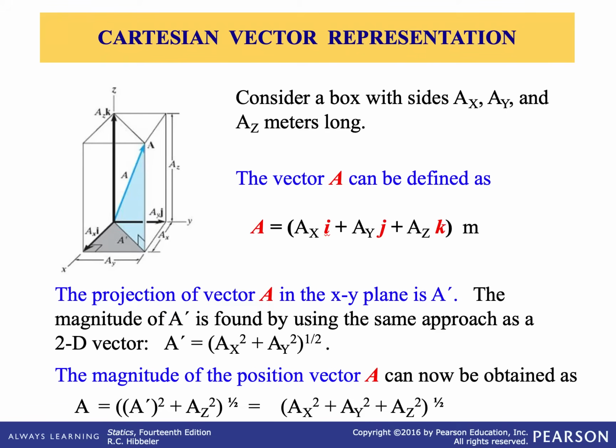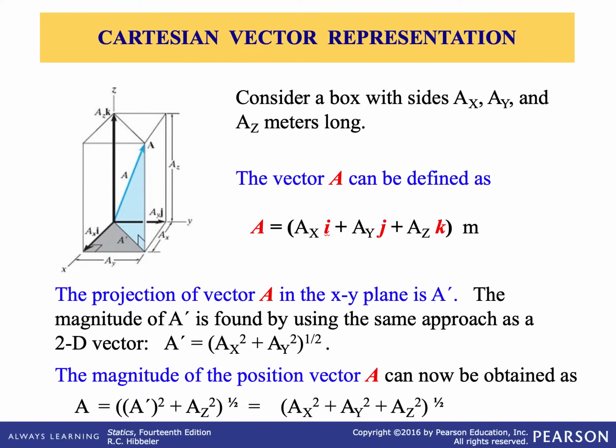We calculated the magnitude. What about the direction of the Cartesian vector in 3 dimensions? So for this vector A, we talked about the magnitude, and we broke it down into components. What about the direction? How can we identify the direction in space? We will introduce the concept of what we call the coordinate direction angles.